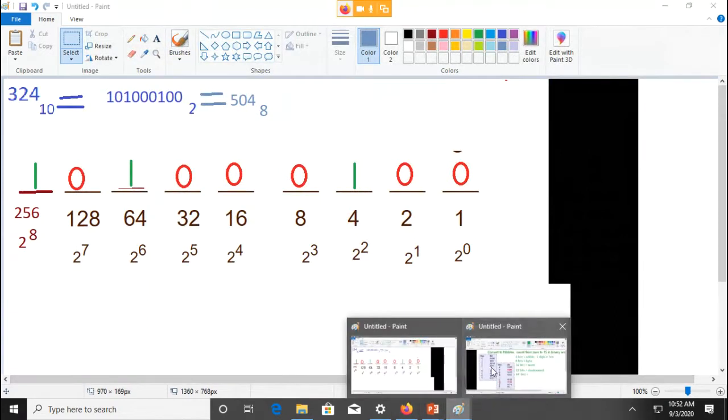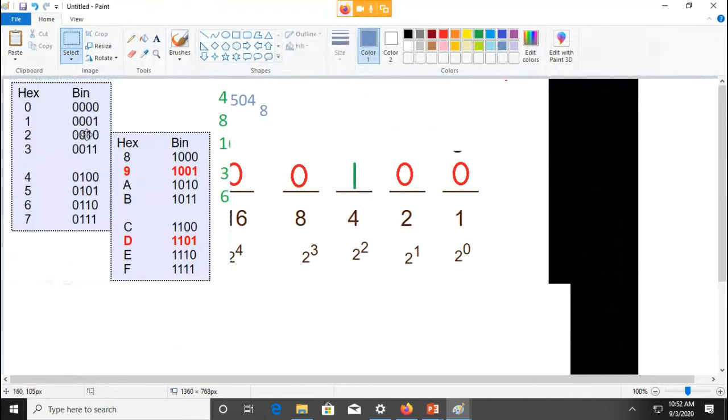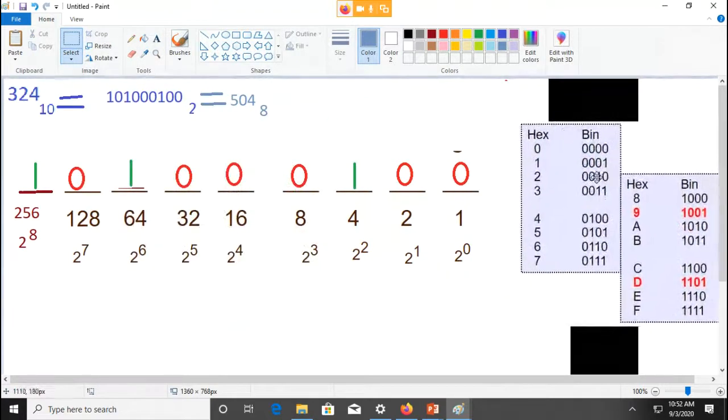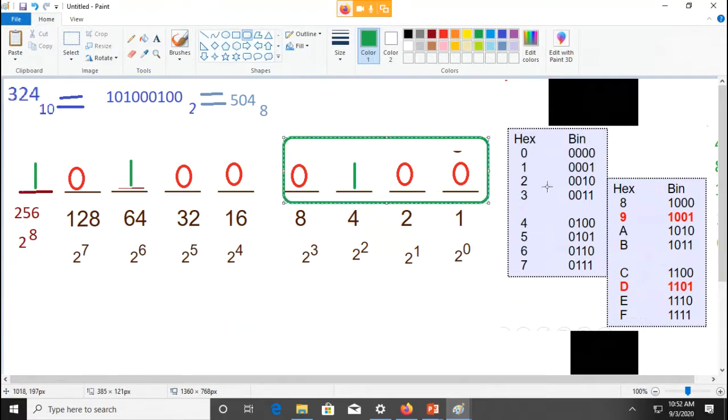If we then look at this, here are our 16 possibilities for hexadecimal. Again, when you're doing hexadecimal, you're grouping 4 bits. So we're going to come over here and group 4 bits.